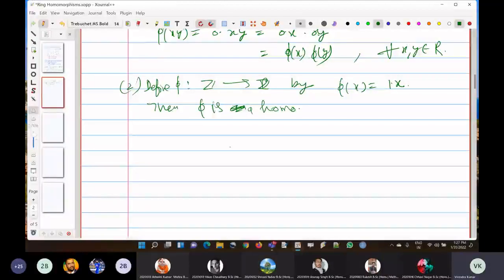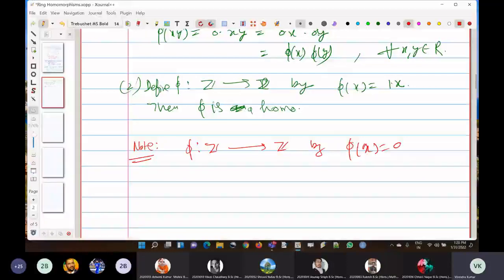One thing we can note down when we are considering phi from Z to Z defined by phi of x equals a times x.